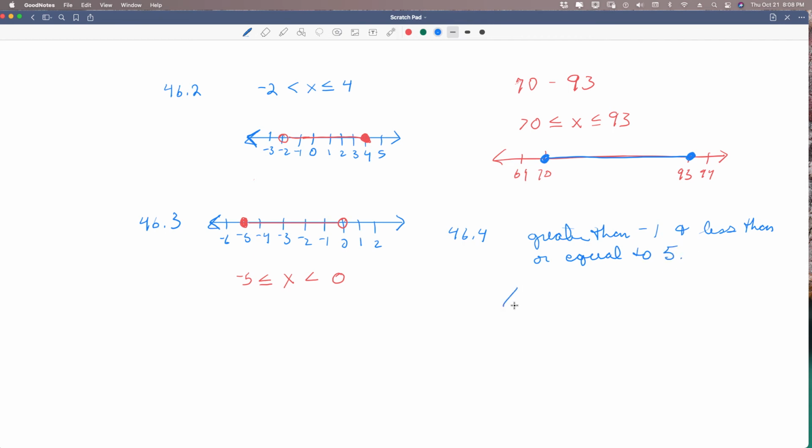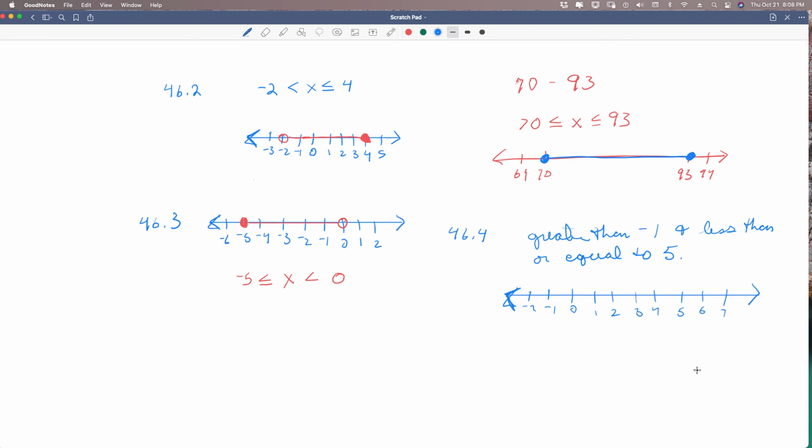So let's start with a number line. I don't know why my arrow is always just way off. So let's start with -2, -1, 0, 1, 2, 3, 4, 5, 6, 7, and so on.